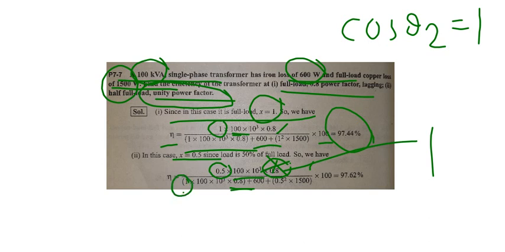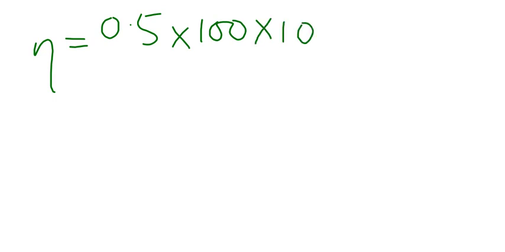In the denominator also, this one is not correct. This is one book which has got the maximum number of mistakes. If you take such books, whatever mistakes they have made, we will be able to understand clearly. So here in the denominator also you have 0.5, it is not 1, so I will write it separately. The efficiency at 50% load is 0.5 x kVA, which is 100 into 10 to the power of 3, into cos theta 1.